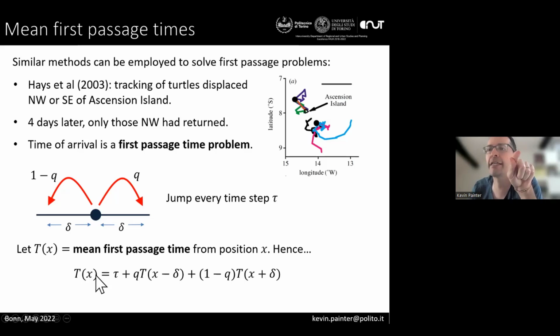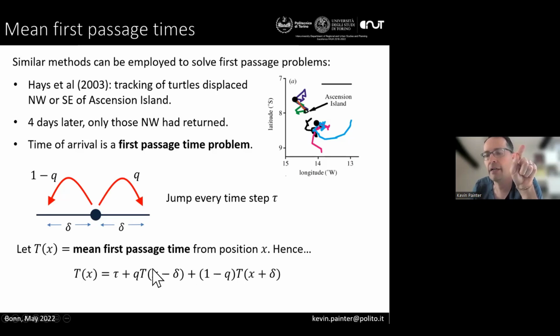Because this is now an equation for time, what's happening is that you're writing an equation for your mean first passage time from position X, and you can explicitly link that to an equation for the mean first passage time from positions X minus delta and X plus delta.